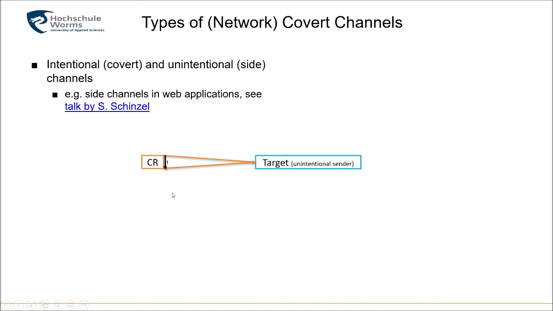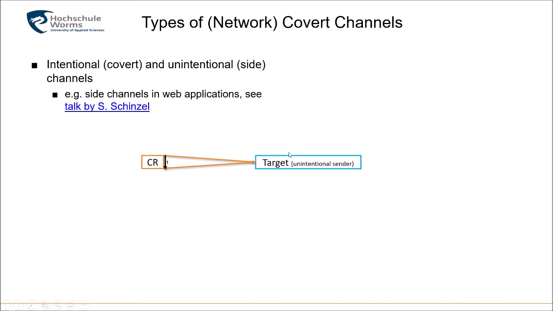And the thing here is, let's say there's an SQL database at the target, and let's assume there's a credential sent by the covert receiver that contains an invalid username. So the target would say, okay, the username does not exist, and some error message would be returned. But if the username exists, and also a password is sent in the same packet, then the password would also need to be checked, and maybe some additional permission.